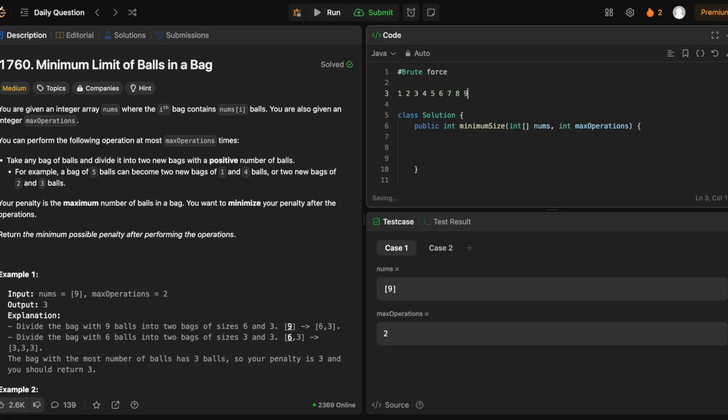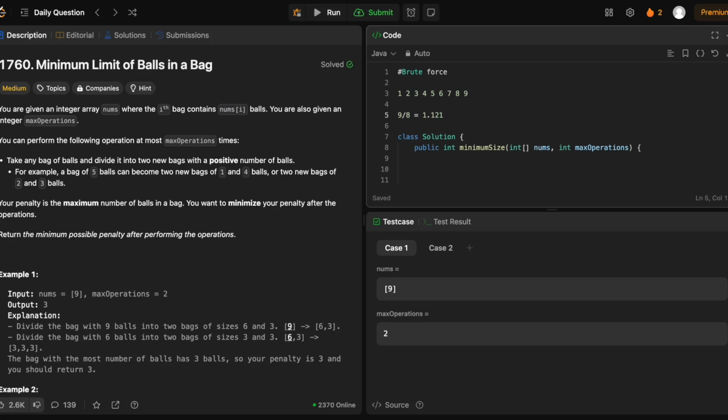Then let's start with 8. Let's say 8 is our number. Then we divide 9 by 8. What do we get? We get 1 point something.